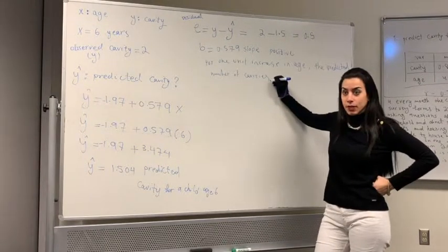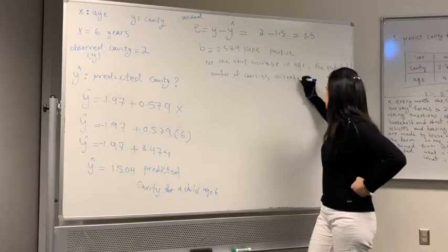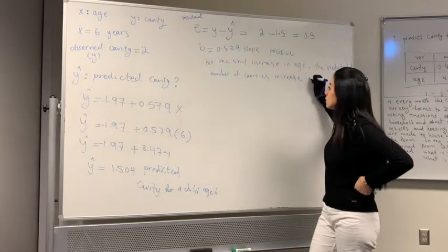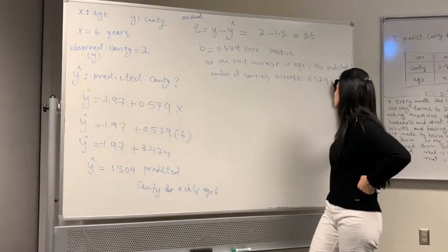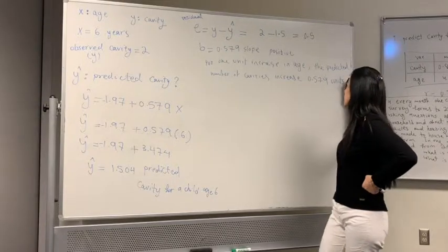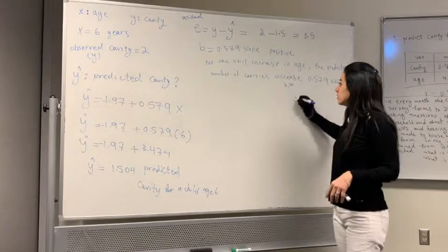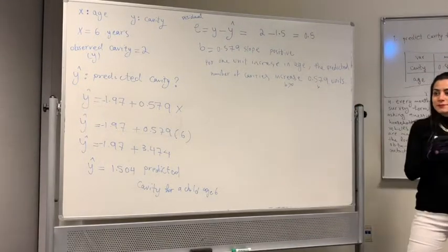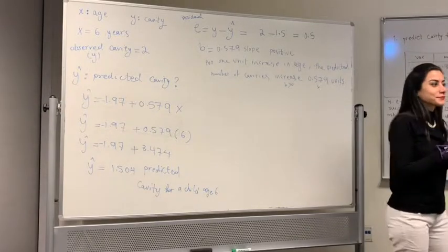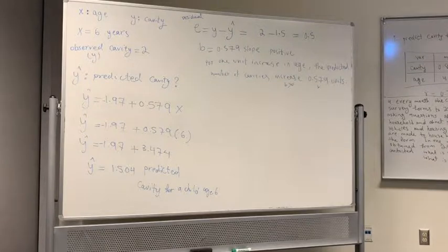Increase, because slope is positive. So it will increase 0.579 exactly, b units. Correct? So because the slope is positive, and this one is the slope units. Correct? Do you have any question?